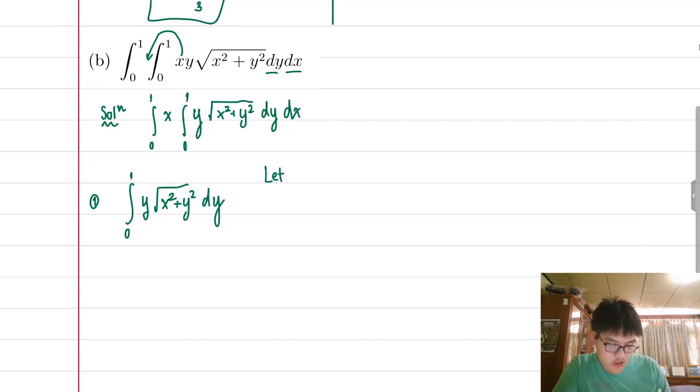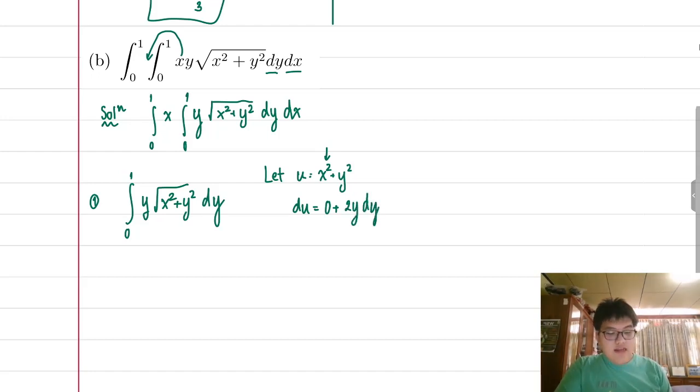I will let u equal x squared plus y squared. Then du equals, be careful, you cannot get 2x dx, because now it is with respect to y, so x is a constant. The derivative of a constant is 0, and the derivative of y squared is 2y dy.